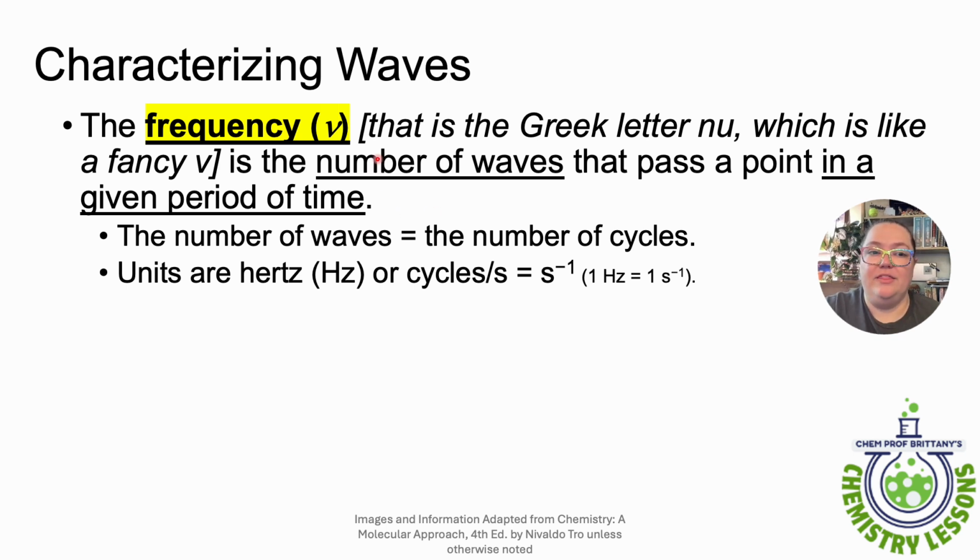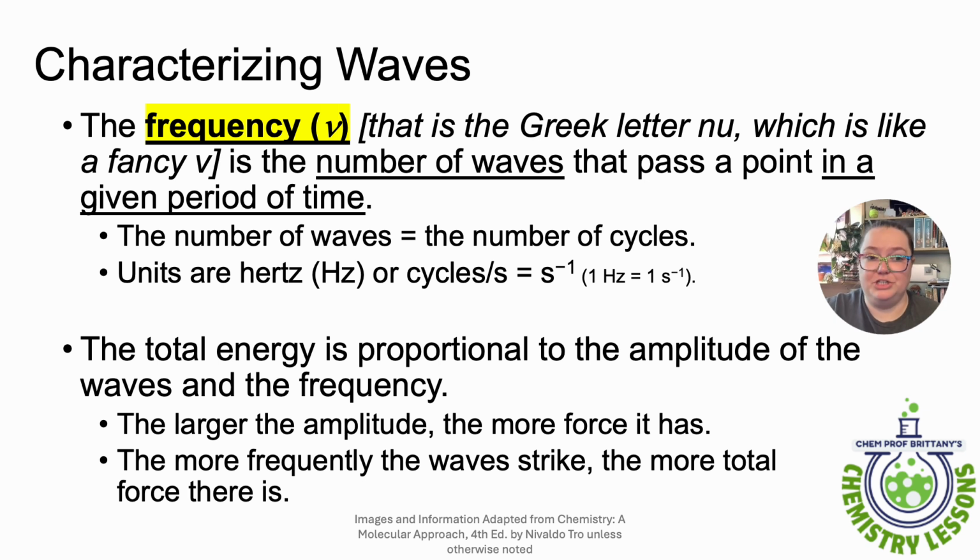The number of waves that pass, we call that the number of cycles. And the unit that we measure that in is hertz, or cycles per second. So 1 hertz is 1 per second. I know that sounds weird, but anyways, we measure it in hertz.